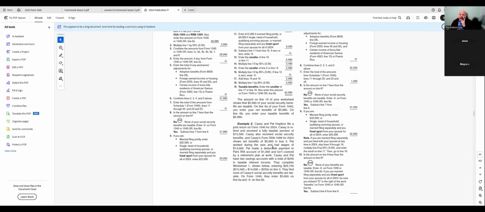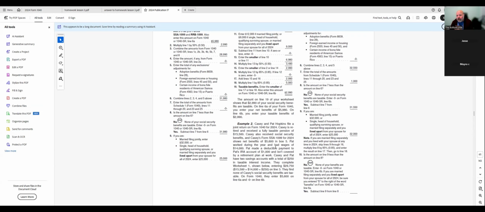So Casey and Pat Hopkins file a joint return for Form 1040 for 2024. Casey's retired and received a fully taxable pension of $15,500. Casey also received Social Security benefits, and Casey's Form SSA-1099 for 2024 shows net benefits, box 5, of $5,600.